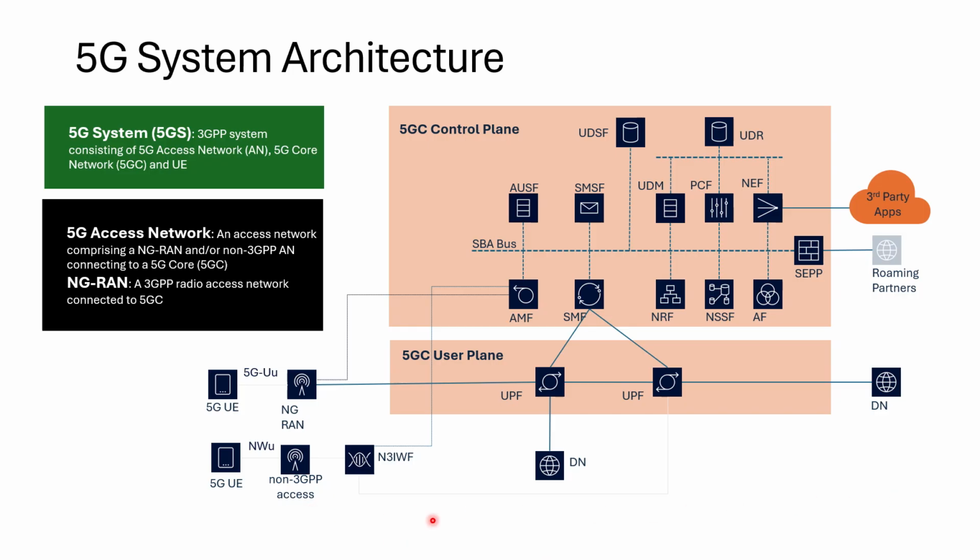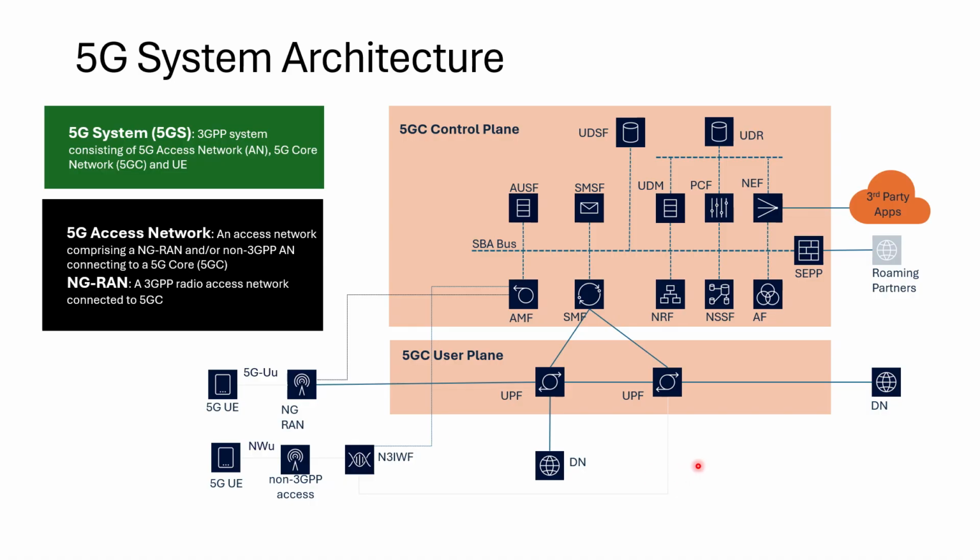This traffic is securely tunneled into the core via the N3IWF, that is the non-3GPP interworking function. This means we can provide a unified core network experience regardless of how the user attaches.